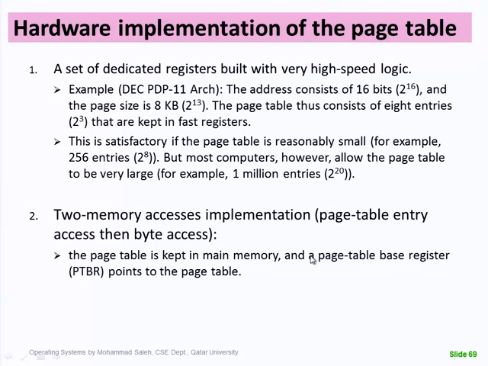A table in memory, the address of it is loaded in a register, and initially it is in the process control block of a process. So whenever it needs to be accessed, we just need to know where to go in memory to find that page table. That is the page table base register. PTBR is the register that holds the page table address in memory for a particular process.